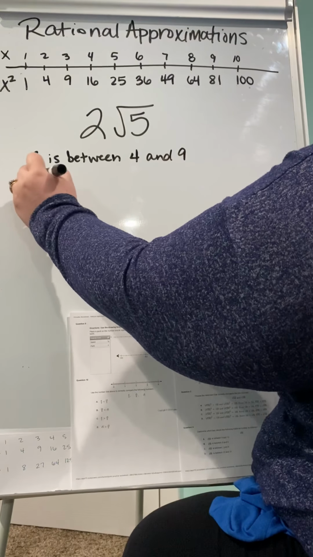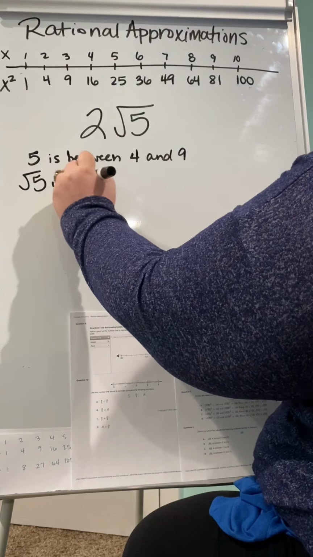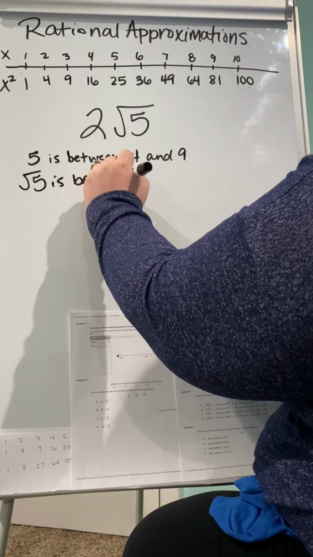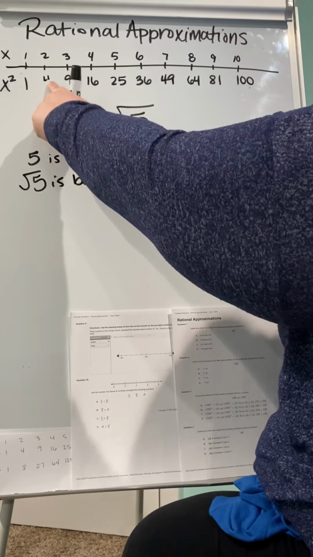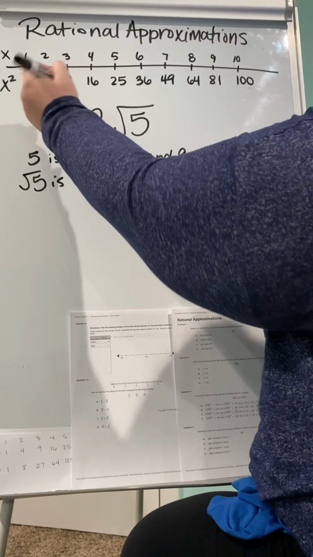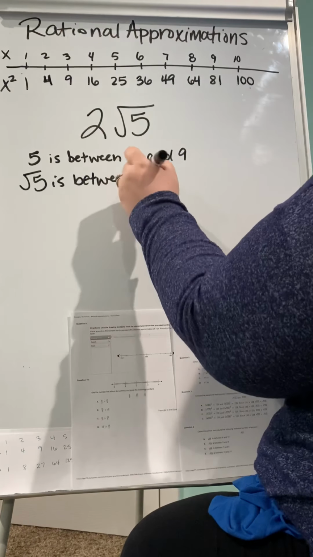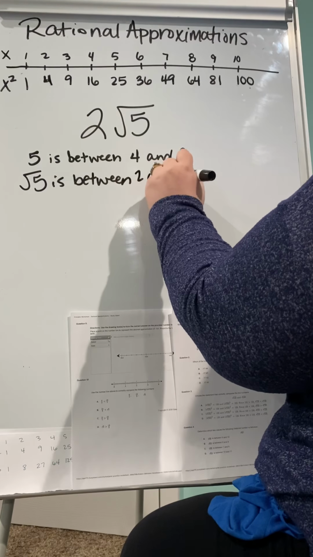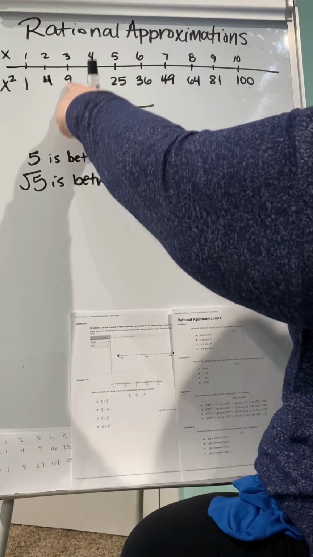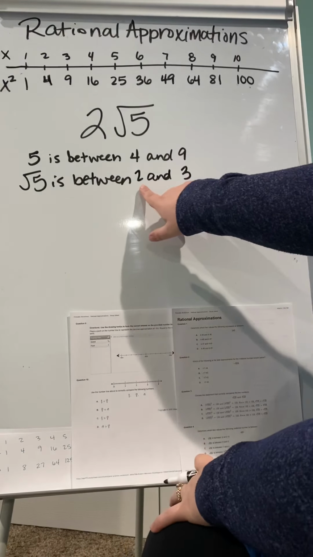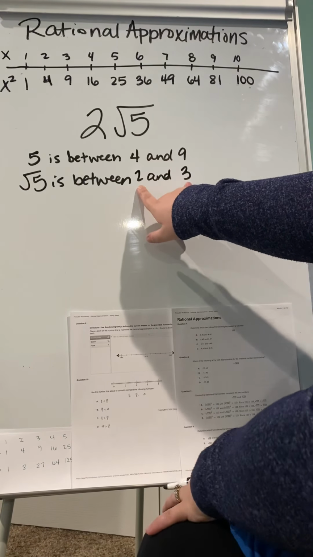That means that the square root of 5 is between the square root of 4, which is 2, and the square root of 9, which is 3. So I know that square root is in between these two numbers.